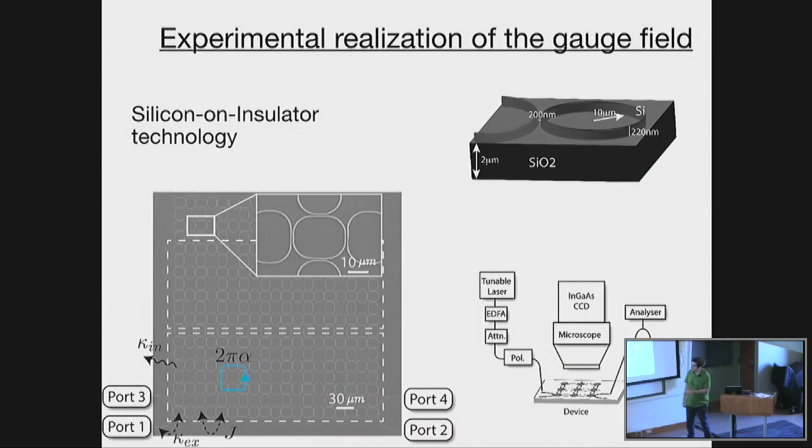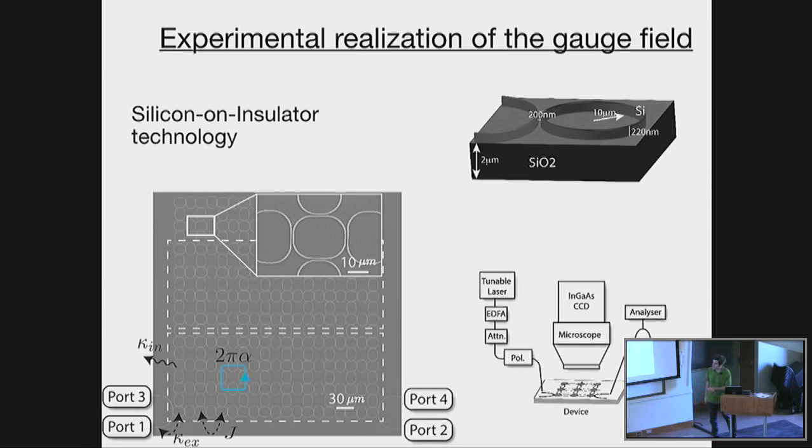So this is the array of ring resonators coupled to each other. So these are the main resonators, and this one is the link resonator, which is only off by lambda over 2. Lambda here is the telecom wavelength, 1.5 micron. So on this scale of 30 micron, you can't see the difference between the main resonators and the link resonators. But they're just off by lambda over 2.